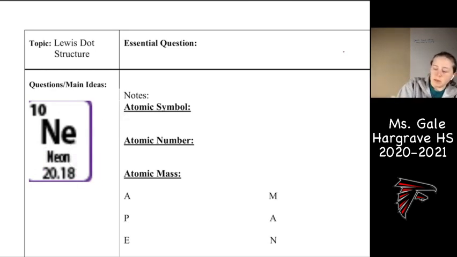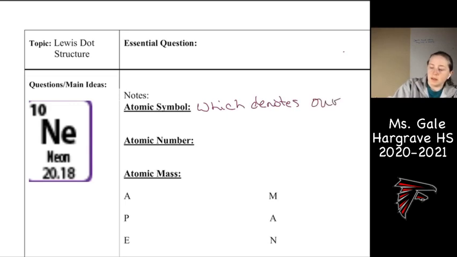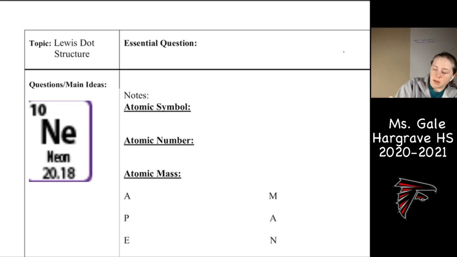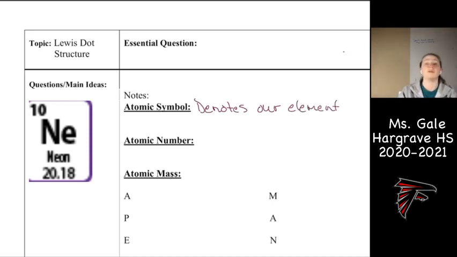We have the atomic symbol, which denotes our element in a short form, because I seriously don't want to be writing California all the way through.